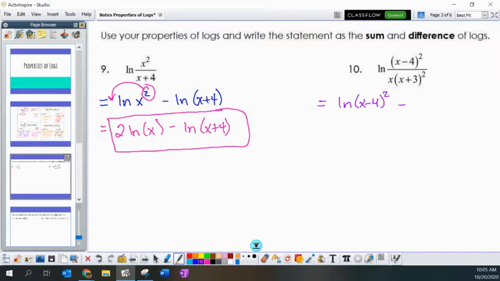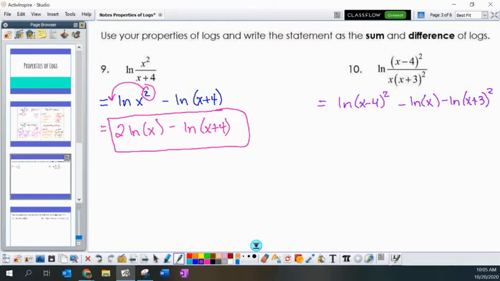If you have a whole string of sums or differences, as long as they have the same base, you can combine them to a single log. So it can go in either direction. Whichever terms you have multiplied together in the denominator, they're both, or however many you have, going to have minus signs in front of them. So this is minus the natural log of x minus the natural log of x plus 3 quantity squared.